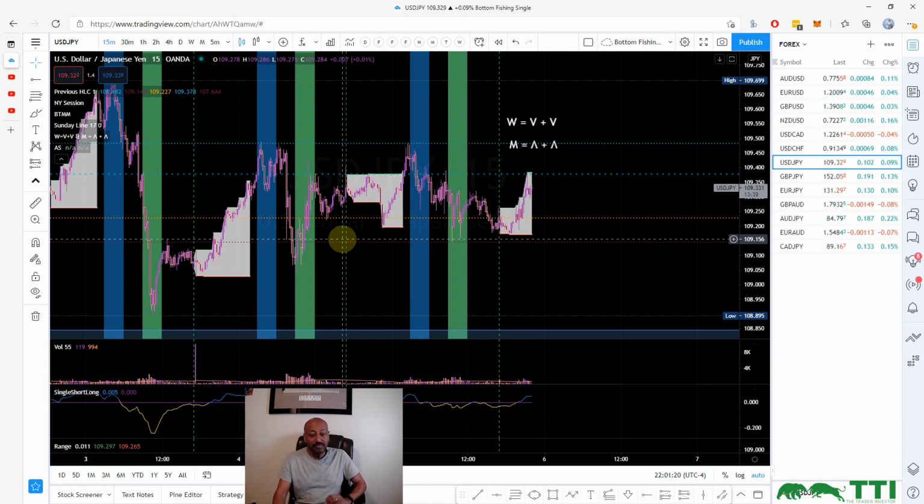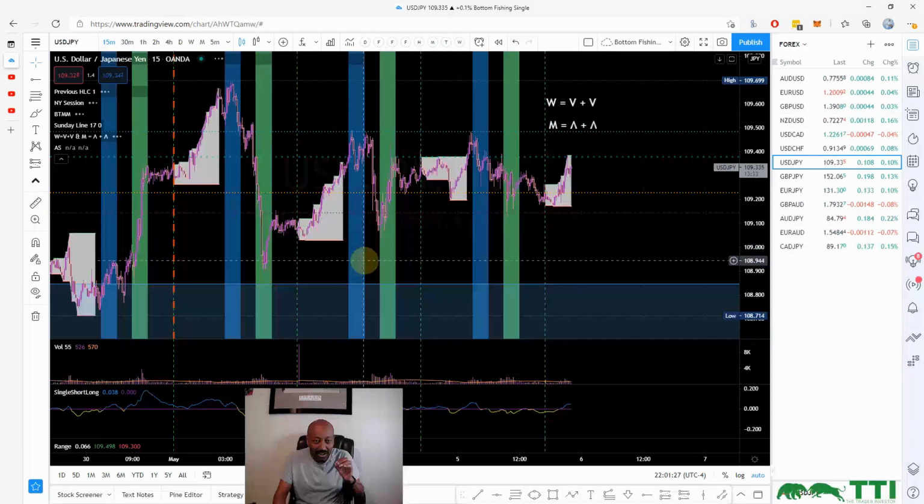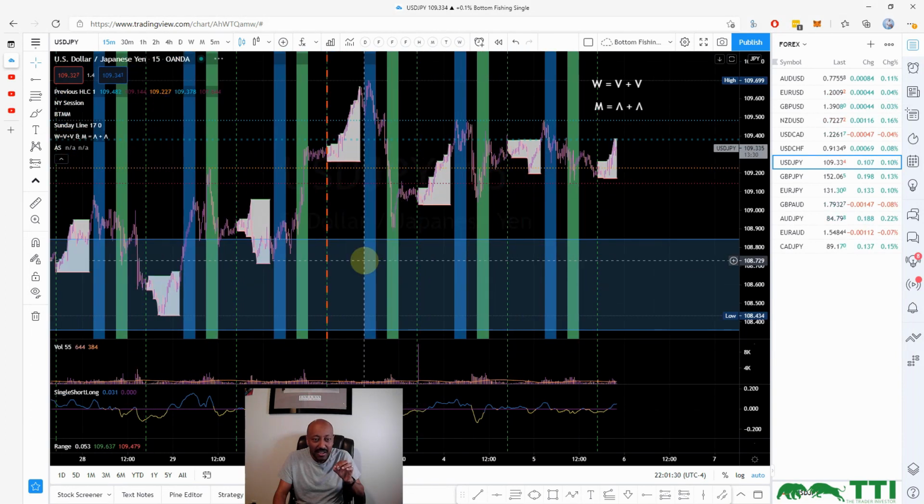The other extremely important thing to note is, if you look back at the chart on any given day, most of the time the New York session will end in consolidation. Whatever London session move happens, like there was a W formation here, and then the move happens, and then the New York session ends in consolidation.